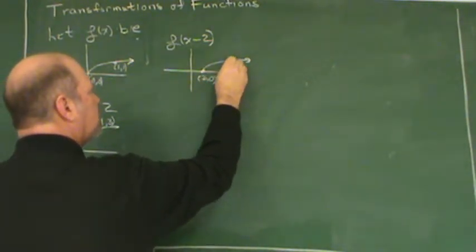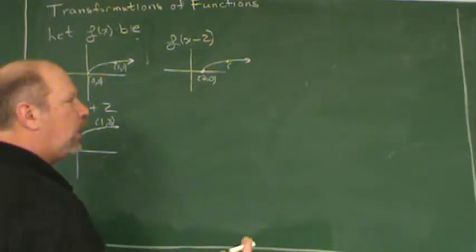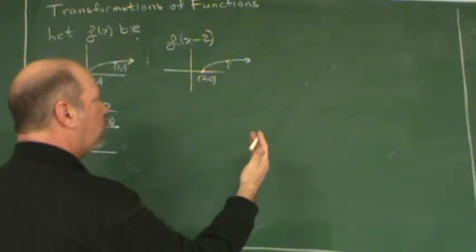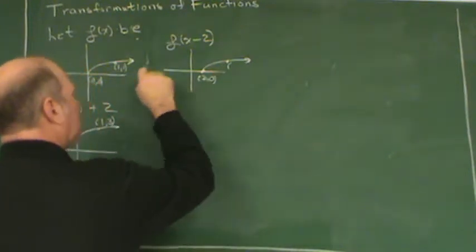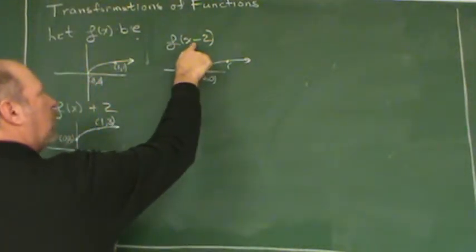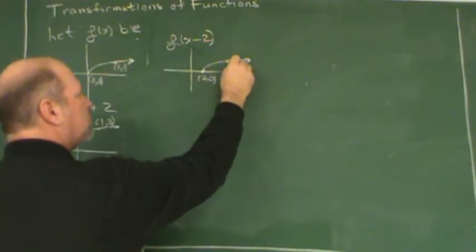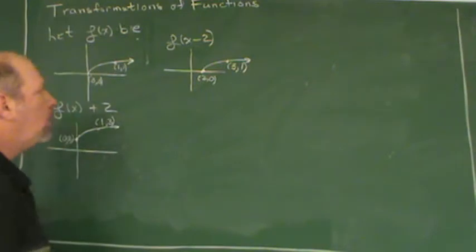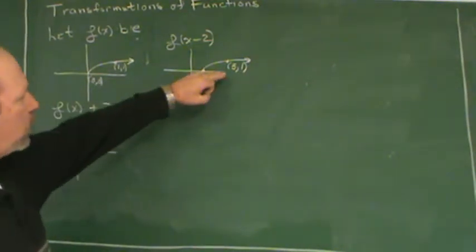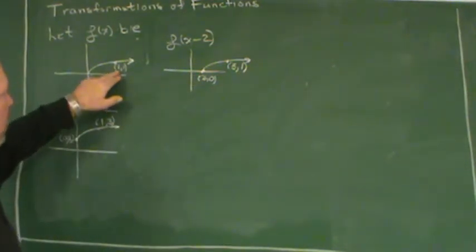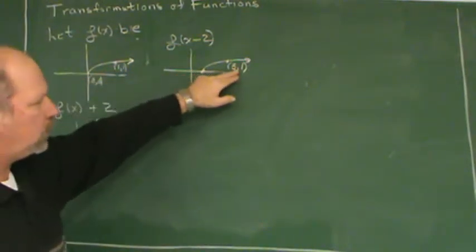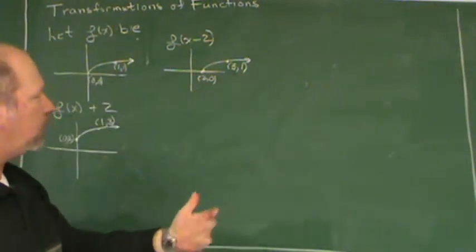The point that was at 1, 1, well, we're not doing anything to y, but we're shifting the domain. What can I put in here that's going to give me a 1? Well, 3 minus 2 is 1. So this is going to be the point 3, 1. Okay? That's one way of thinking of it. Another way is if I take 1, add 2 to it, 1 plus 2 gives me 3. Either way, we wind up with 3.